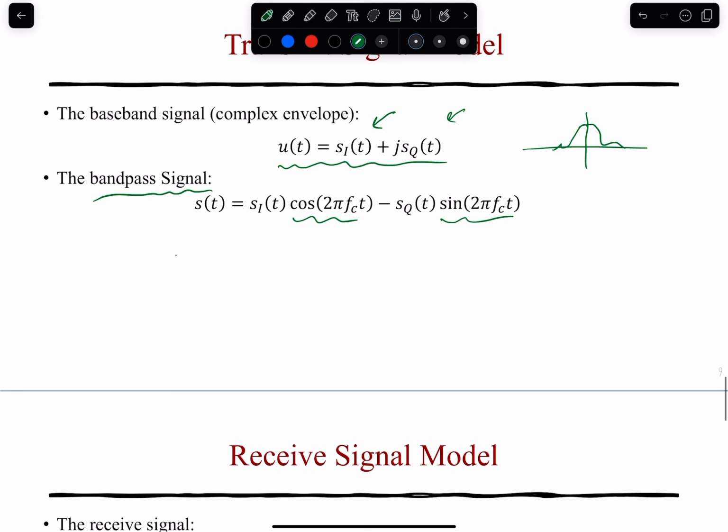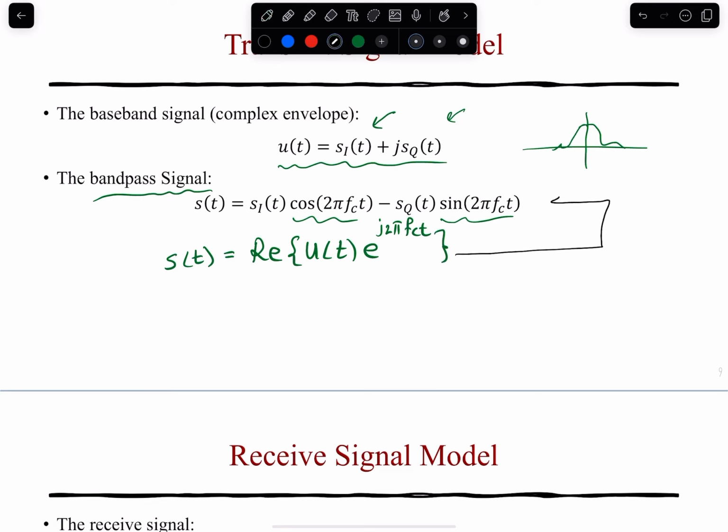And this bandpass signal has another representation, which is the real part of u(t) multiplied by the complex exponential e^{j2πfct}. If you expand this, you're going to see that it's the same as this expression over here. Okay, so this is the transmit signal.